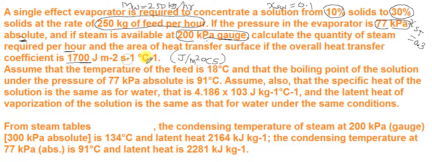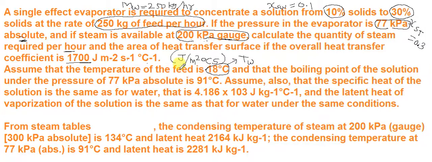The initial temperature of feed is given as 18 degrees Celsius. This 18 degrees Celsius will be our TW, the inlet temperature of weak liquor.